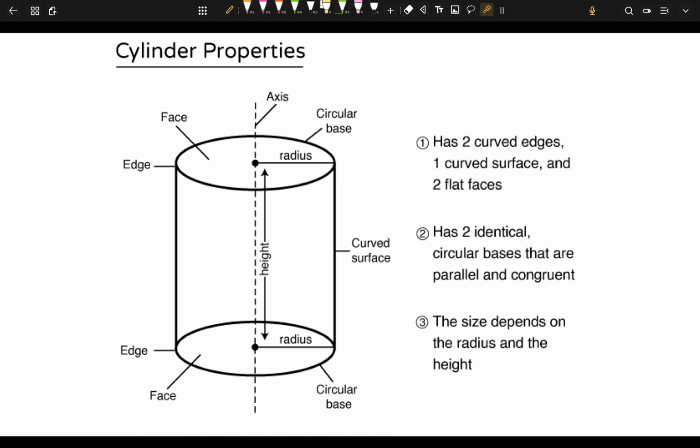Katulad nga ng sabi ko sa inyo, yung ating cylinder, pagdating sa polyhedron na usapin, is para siyang prism. So, it has a parallel and congruent. At kapag congruent, same size, same shape. So, the size daw po ng ating cylinder depends on the radius and the height. Siyempre, kung babaguhin natin yung radius, medyo liliit yun nandito natin, nasa base natin, and nasa top natin. Kaya mag-a-adjust yung ating cylinder.